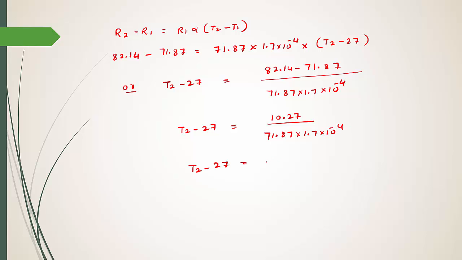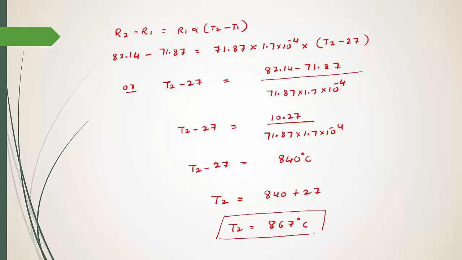We will get the answer as 840 degree Celsius. Or T2 equal to, taking the minus 27 to the RHS side, it becomes plus 27. So 840 plus 27 will be how much? 867 degree Celsius. This is the final temperature. Is it clear? T2 equal to 867 degree Celsius.